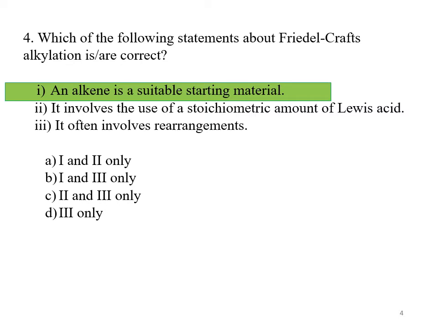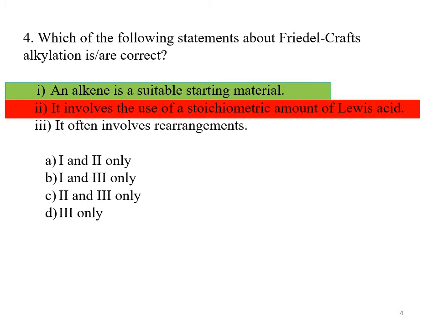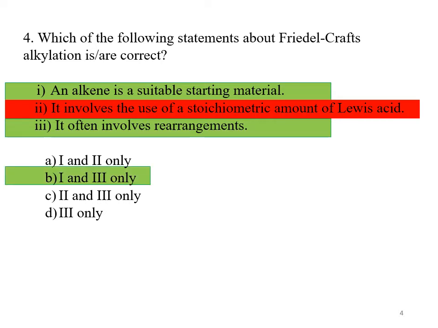It involves the use of a stoichiometric amount of Lewis acid. That's not correct. Friedel-Crafts acylation requires a stoichiometric amount, but not alkylation. And 3. It often involves rearrangements. That's correct, because if a carbocation is an intermediate, rearrangements are common. That means that 1 and 3 are correct, and that corresponds to answer B.